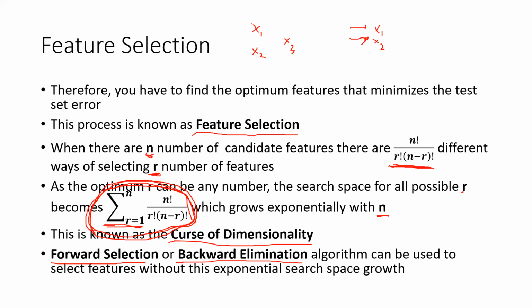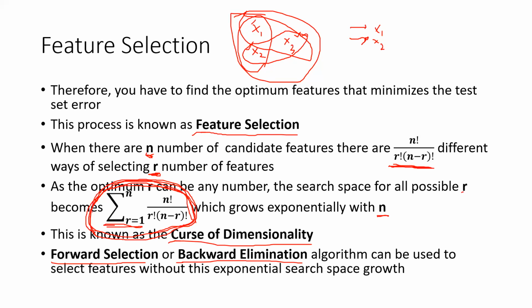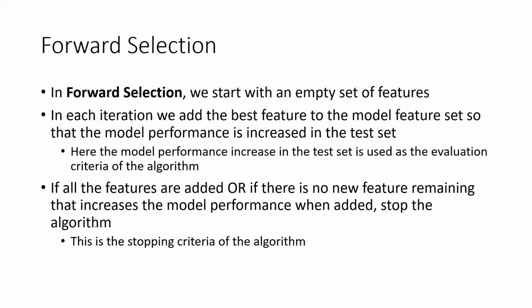You have to try x1, x2, x3 individually. Then you have to try x1 and x2, x2 and x3, and x1 and x3, and x1, x2, and x3 all together, right? So that is how this number of combinations comes into play. But when it comes to forward selection, you don't have to do it like that.